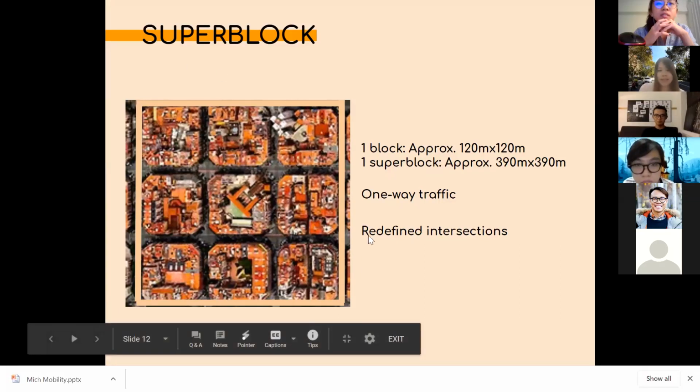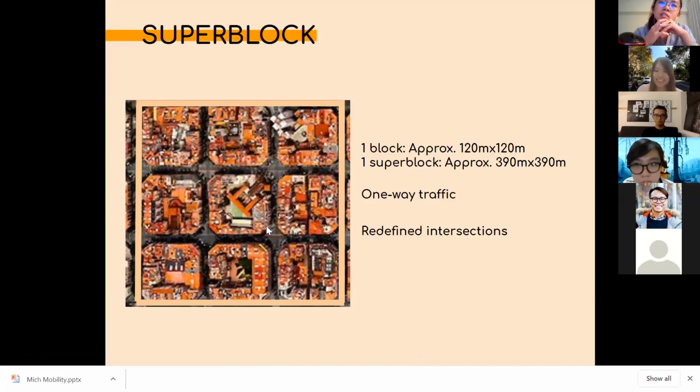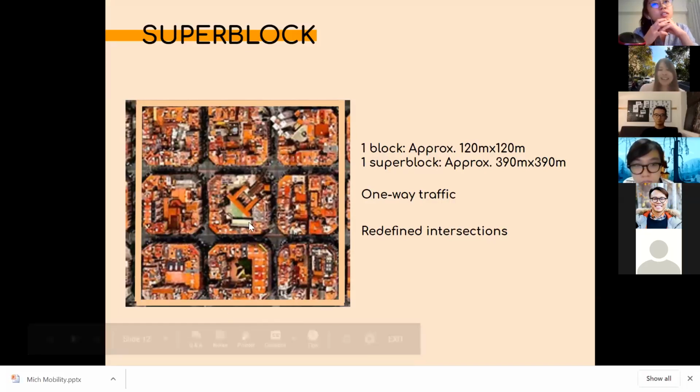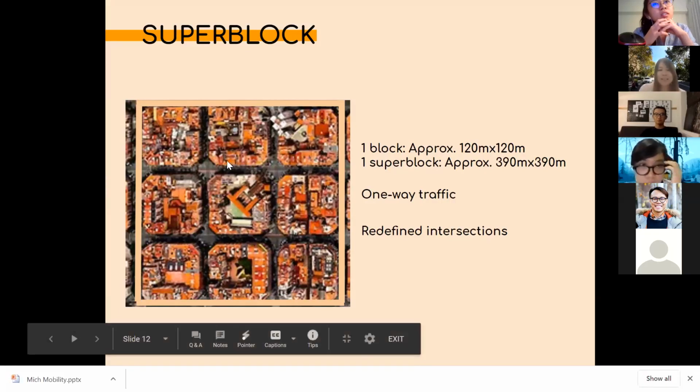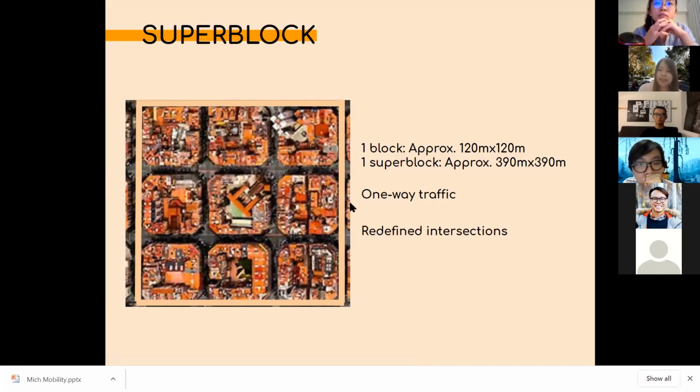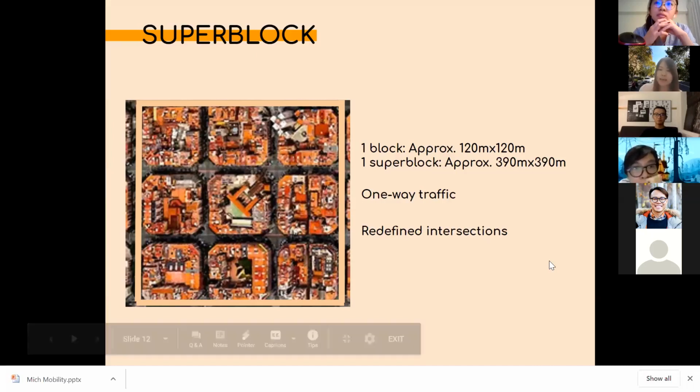So it's a one-way single loop, and this is to discourage driving. And because inside the superblock there is not much traffic activity now, the intersections can be redefined and changed in purpose as public space.